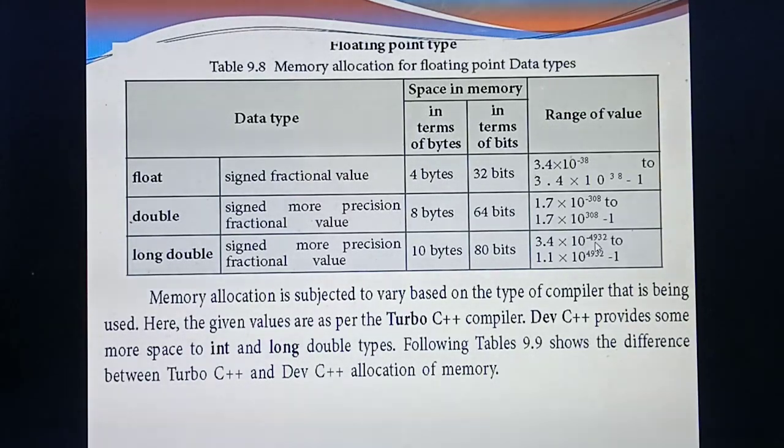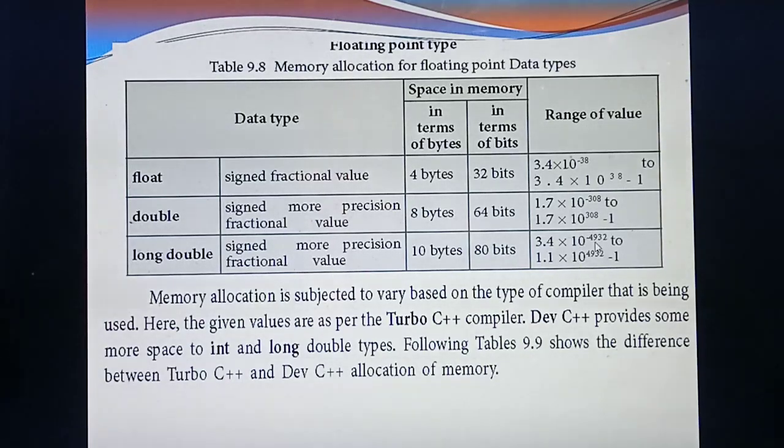Okay. So this memory allocation will vary from each software. Each compiler will have separate memory allocations. For example, you are studying a C++ program. In C++ also a lot of compilers are there. Turbo C++ is there. Dev C++ is there. Some differentiation will be there between the two compilers.